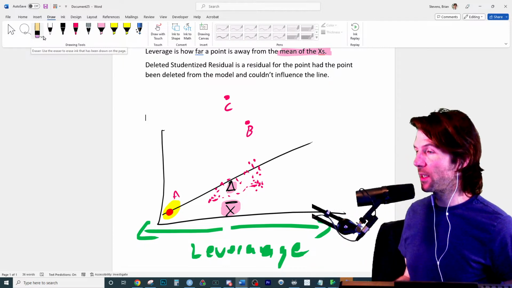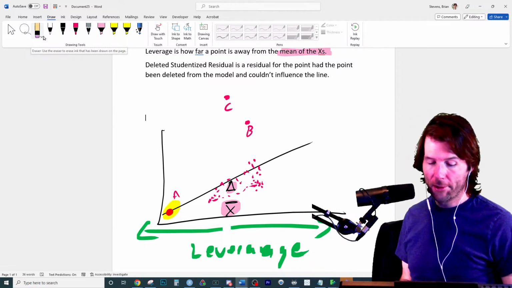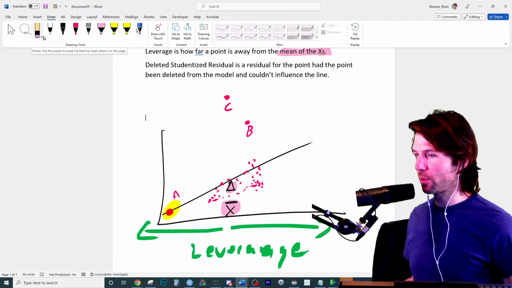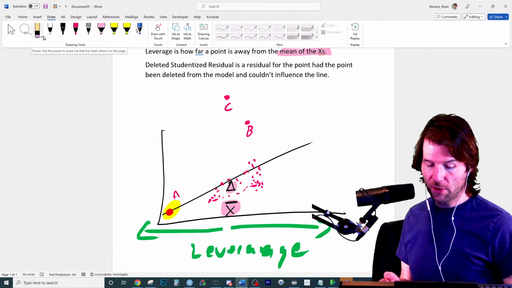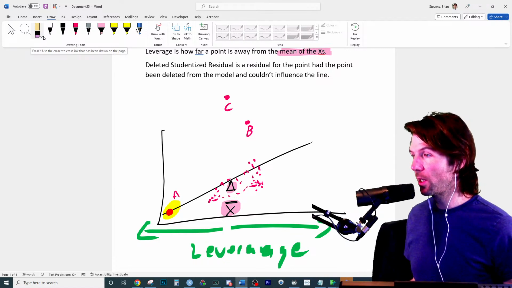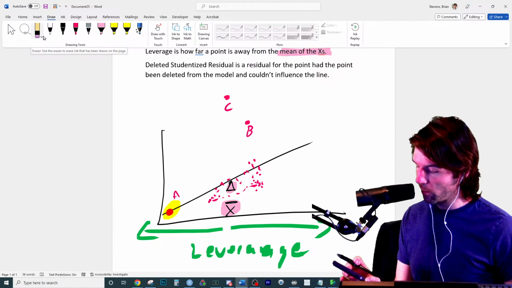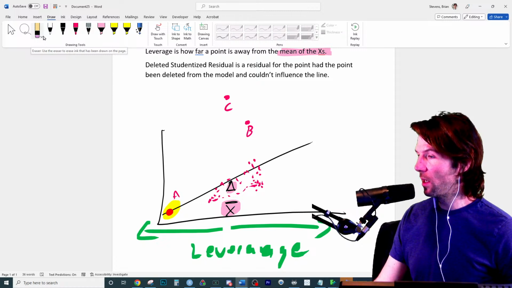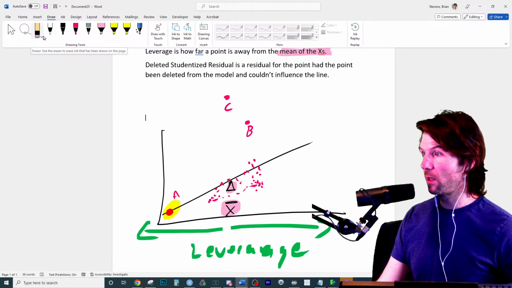It's on the line, which means it has no deleted studentized residual. So its residual and deleted studentized residual is close to 0. So it's going to have no influence, even though it has leverage. So basically, if it's on the line, it really can't move the line. What is the name of the line? It's the regression line, or the line of best fit.